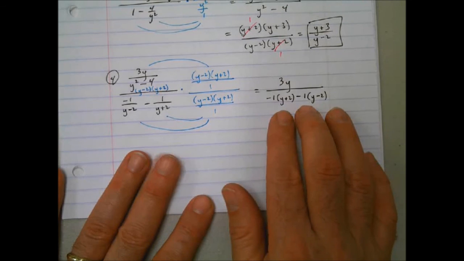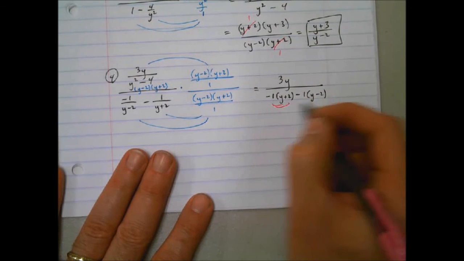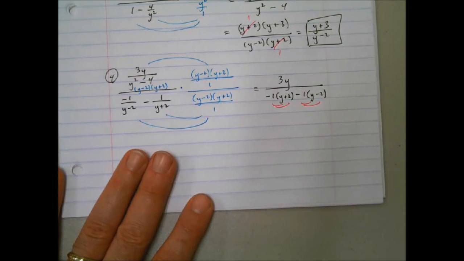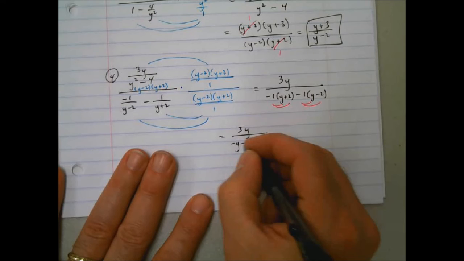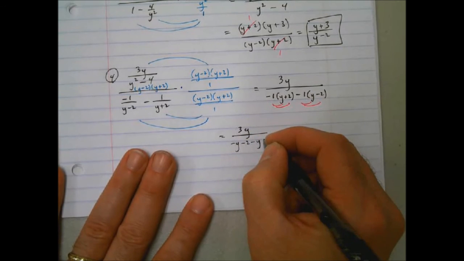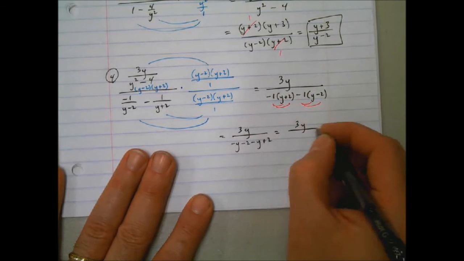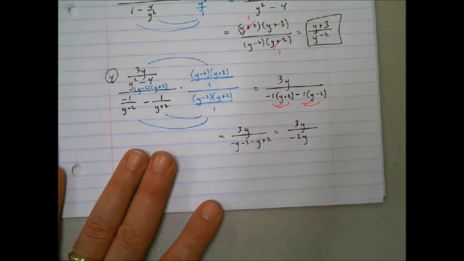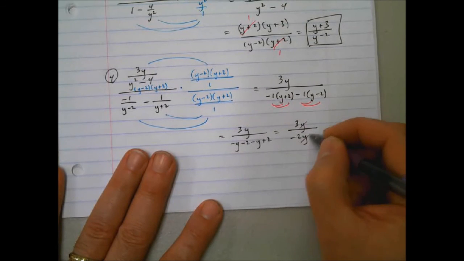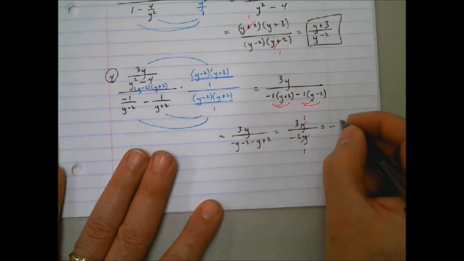It's no longer a complex fraction, but let's distribute the negative 1, and I get 3y over negative y minus 2 minus y plus 2, which is 3y over negative 2y. Now, the top is in factored form, and the bottom is in factored form as well. So, the y's are common factors, and we're left with negative 3/2.